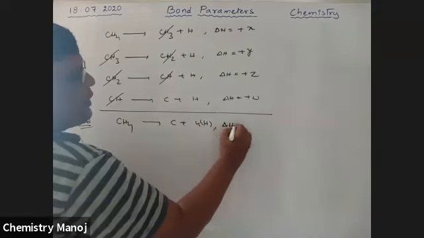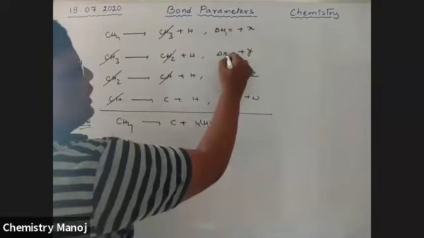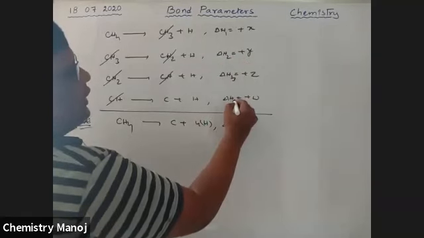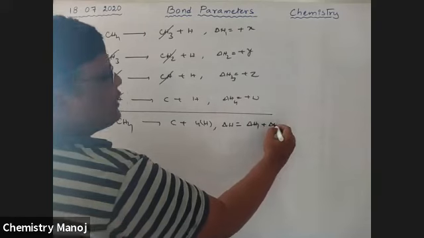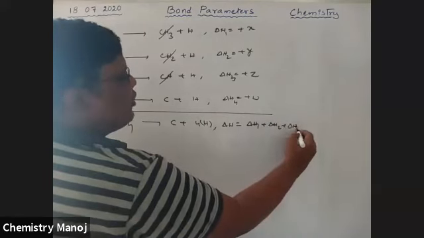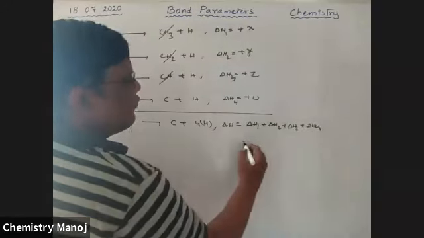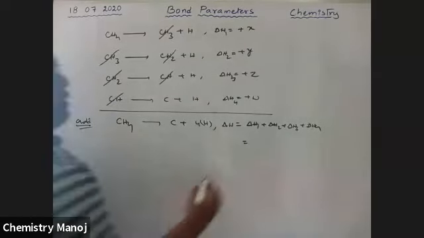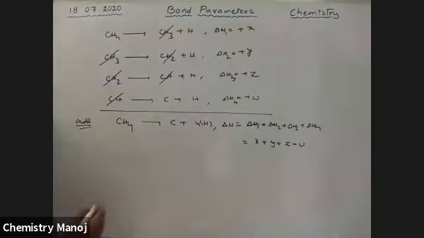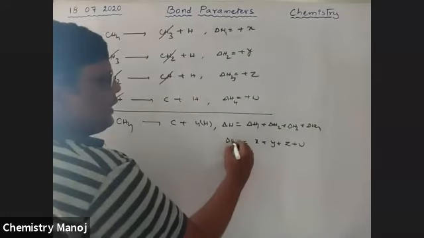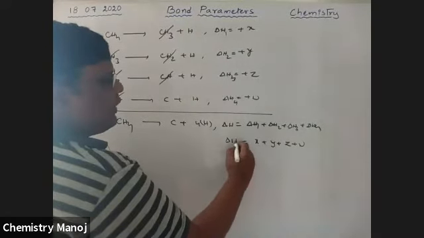So for this purpose, delta H is delta H1 plus delta H2 plus delta H3 plus delta H4, and therefore delta H is equal to X plus Y plus Z plus W. This is the delta H value.